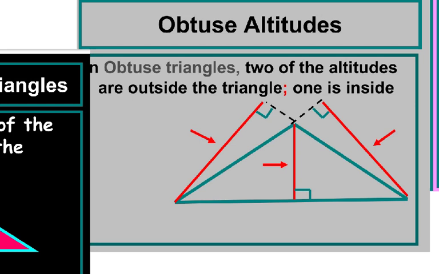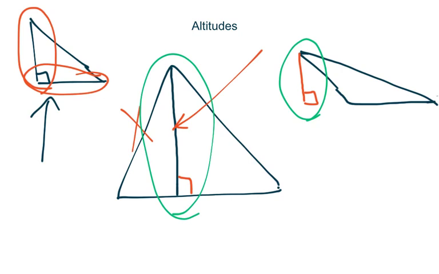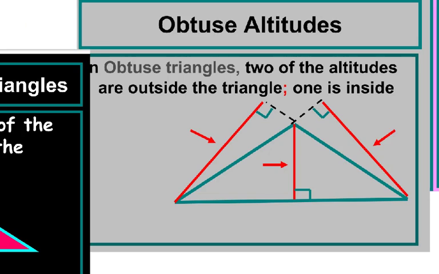They don't actually come inside of the triangle, just like the one we just drew here. Notice that this altitude was on the outside because it was an obtuse triangle. And where they intersect is actually going to be outside, like it's going to come up here and be right about here. This will be the orthocenter of this triangle. It's not even drawn here, but that is where it's going to be.